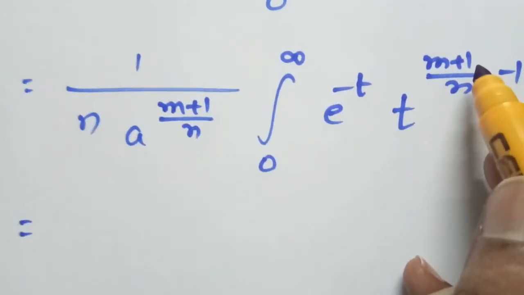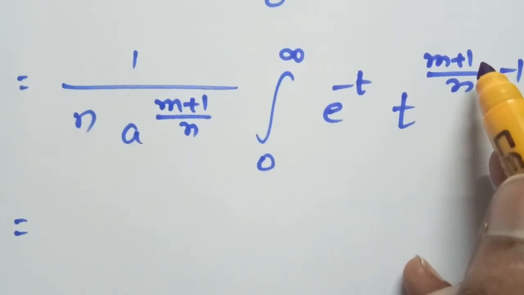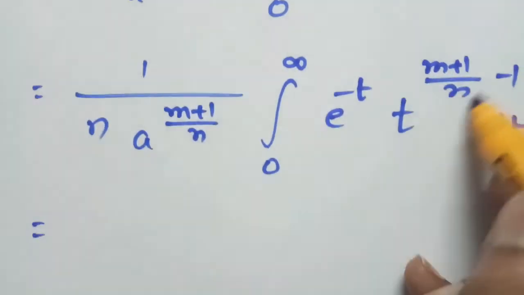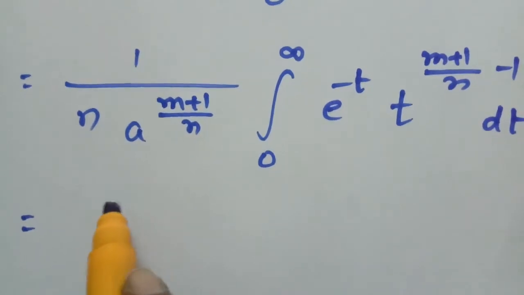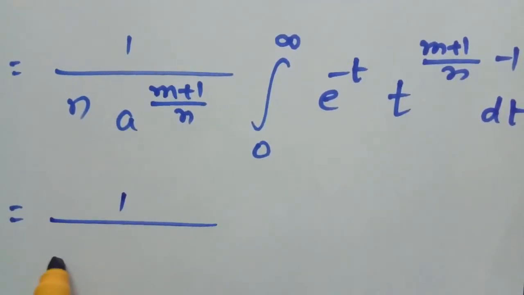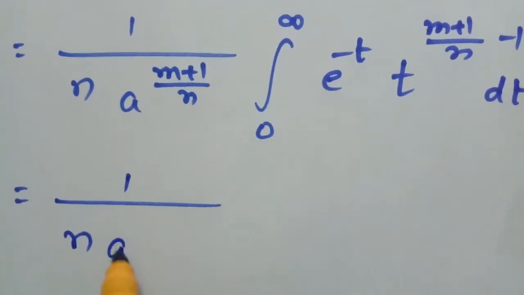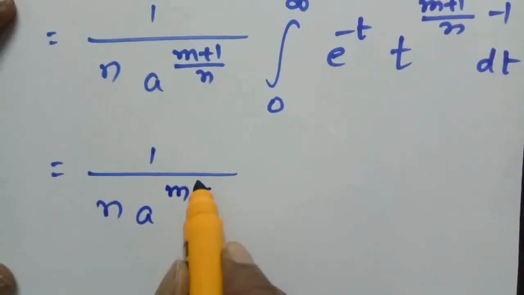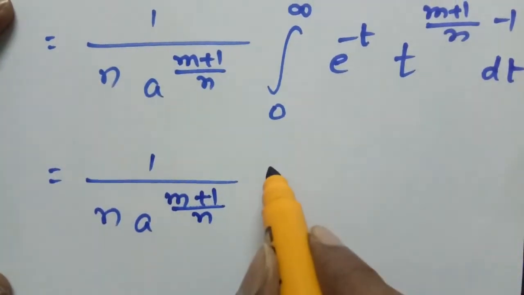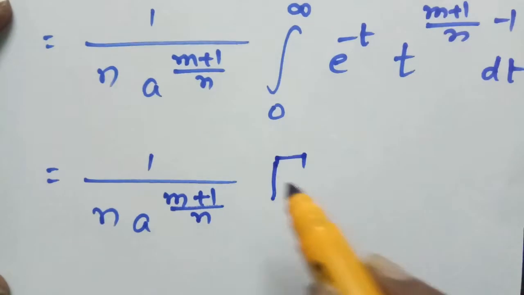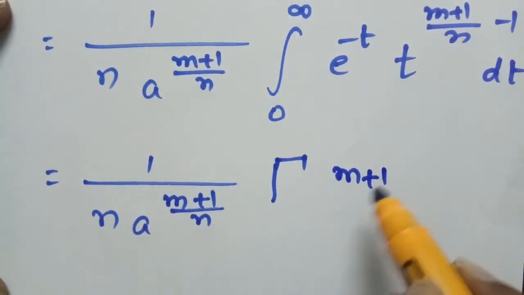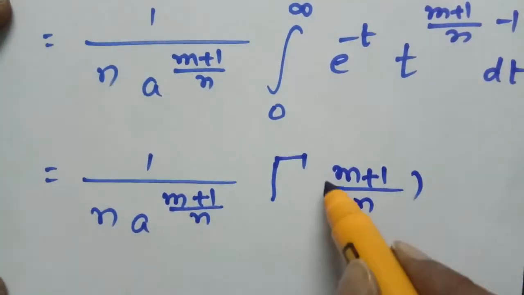So, in the given problem, clearly given that m plus 1 by n is greater than 0, a positive quantity. Therefore, by the definition of gamma function, this can be written as gamma of m plus 1 by n.